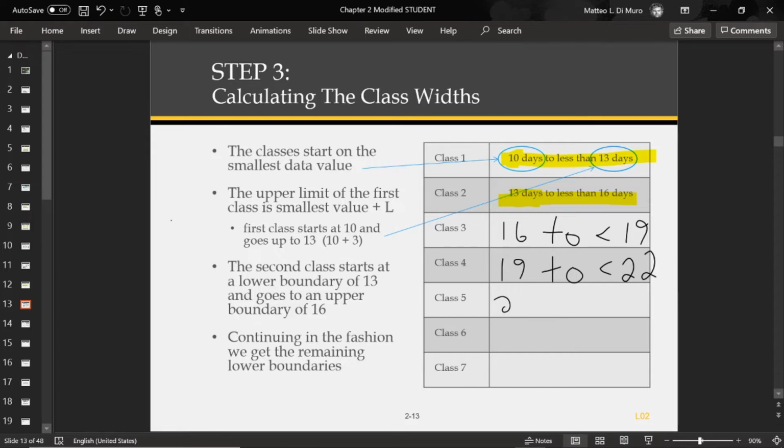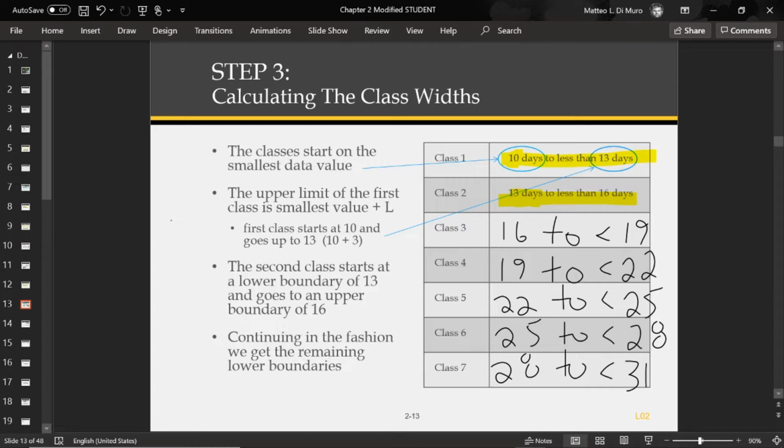Class 5 starts on 22 and goes to less than 22 plus 3, which is 25. Class 6 starts on 25 and goes to less than 28, just add 3. And then the last class starts on 28 and goes to less than 28 plus 3, 31.